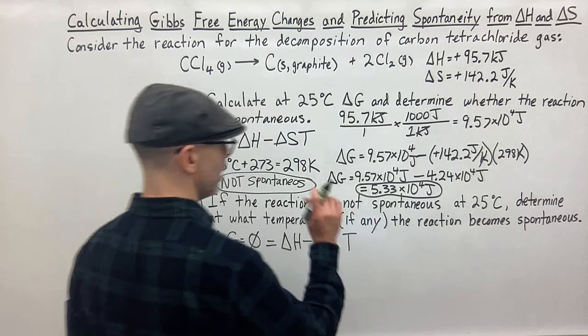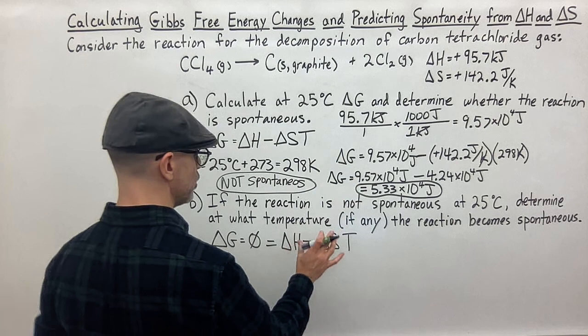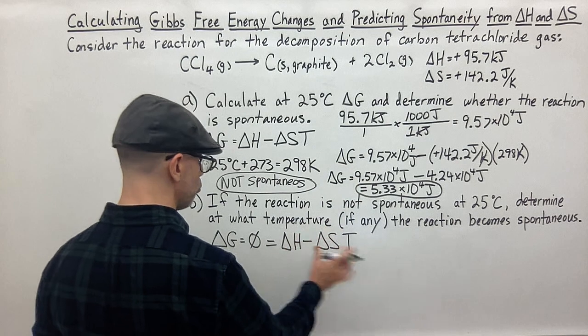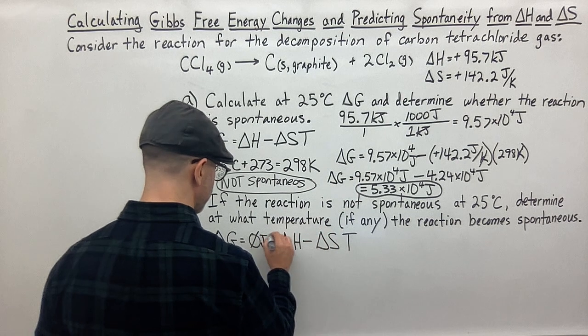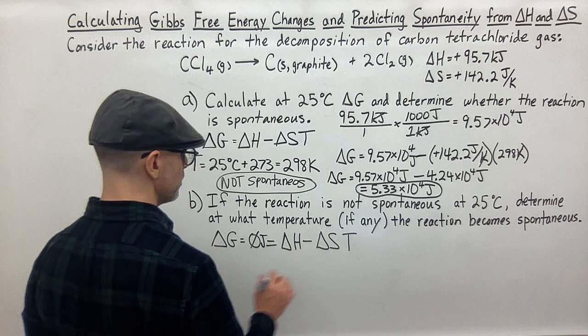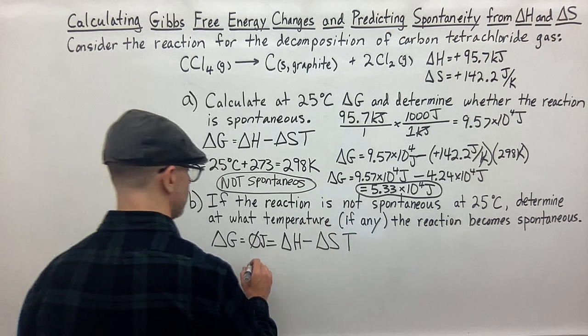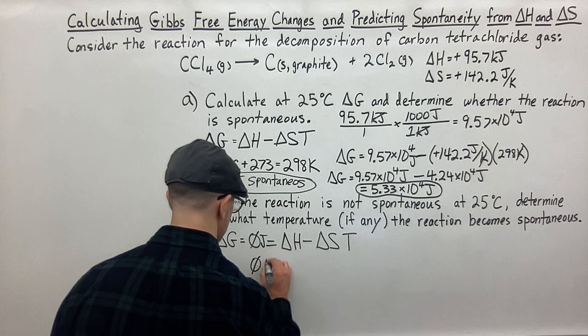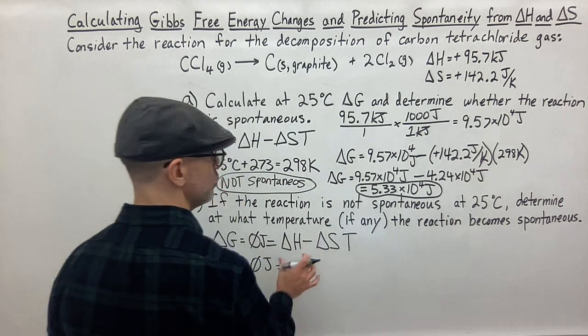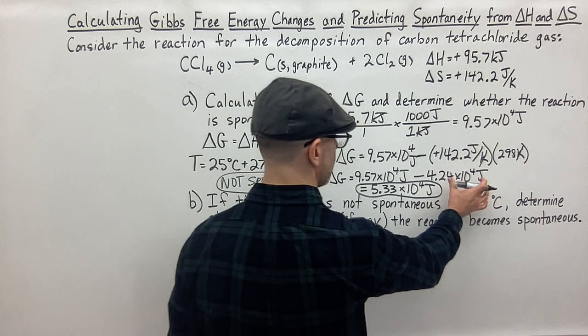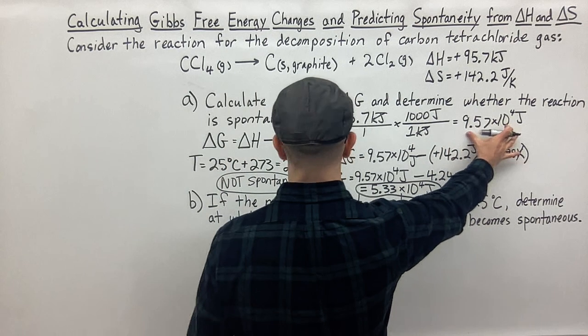Again, we want everything in terms of joules. So again, this is 0 joules here. And so we're going to plug in the values. So we have 0 joules is equal to delta H. We calculated the delta H over here.